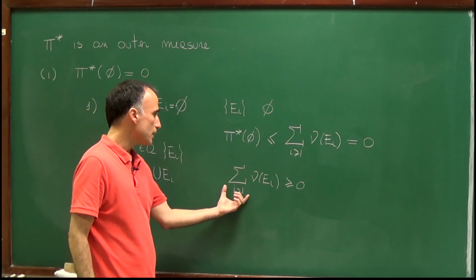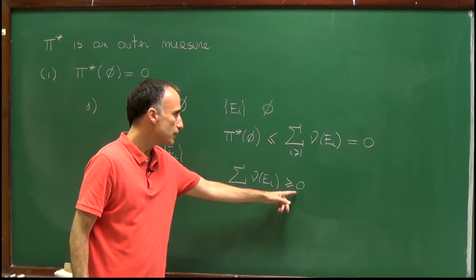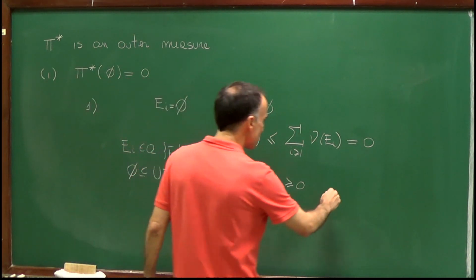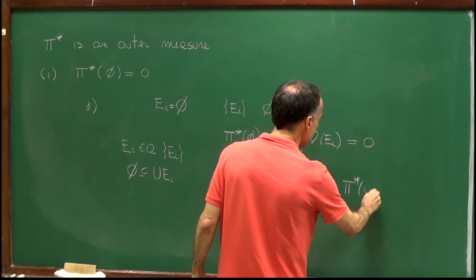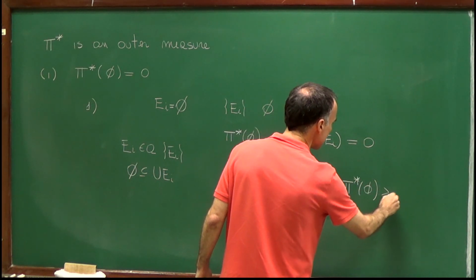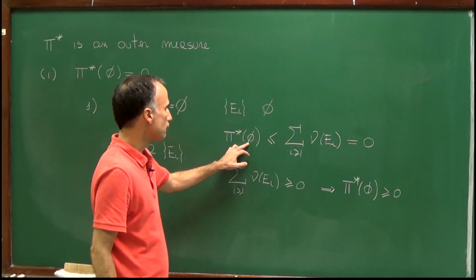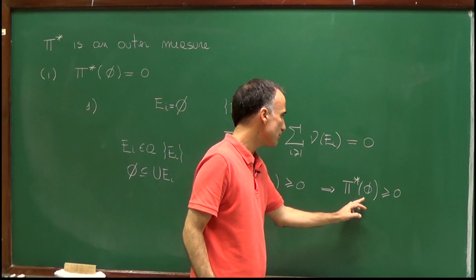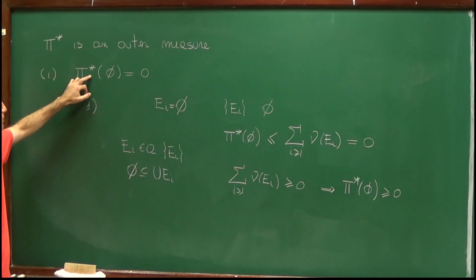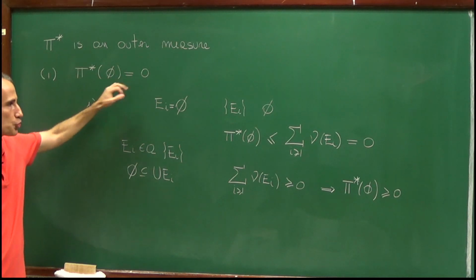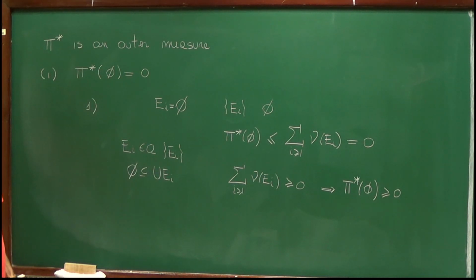In particular, if you take the infimum over all possible coverings of the empty set, you get a non-negative number, which therefore implies that P star of the empty set is greater than or equal to 0. Therefore, P star of the empty set is less than or equal to 0 and greater than or equal to 0, which gives you that P star of the empty set is equal to 0, and this proves the first condition.